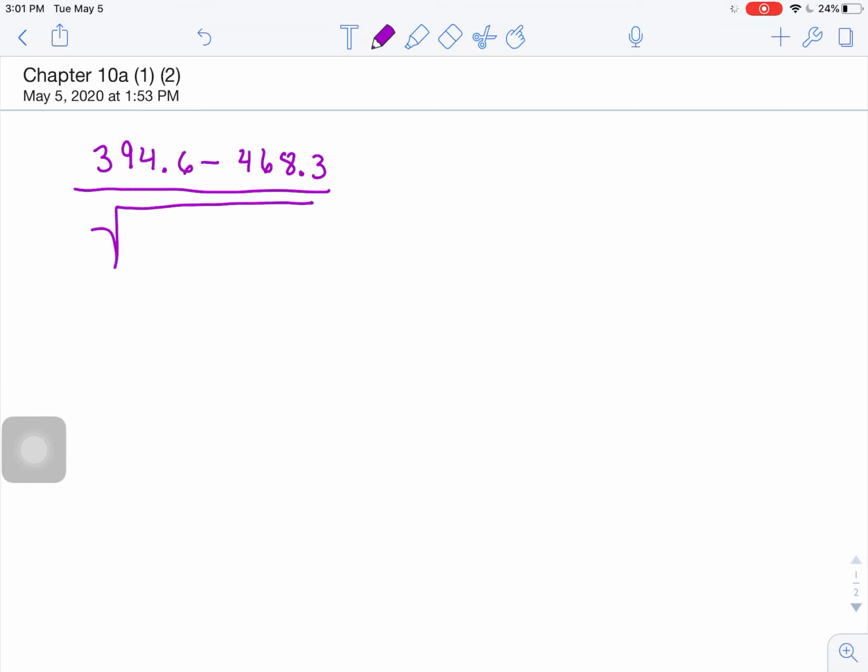And we're dividing that by the square root of our dynamic standard deviation squared over our sample size, plus our static sample standard deviation squared over our sample size.